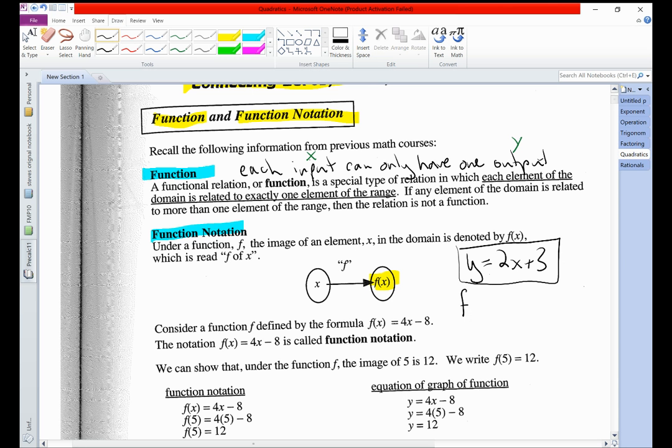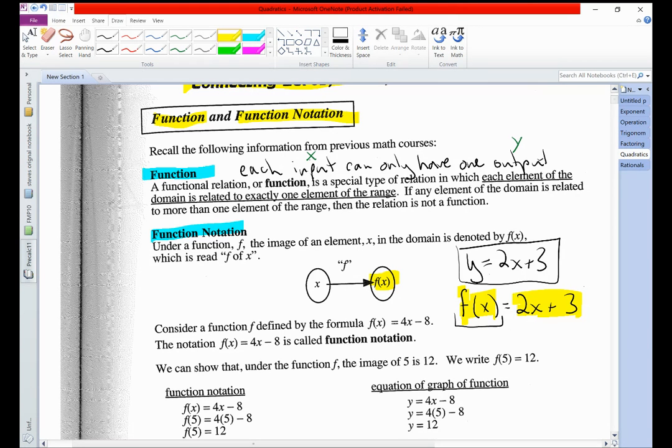We could say this is actually function f that depends on x, and it's 2x plus 3. So this is all just one thing, right? F of x. It's not f times x. This whole function here is function f, and that function depends on x. And this is called function notation.